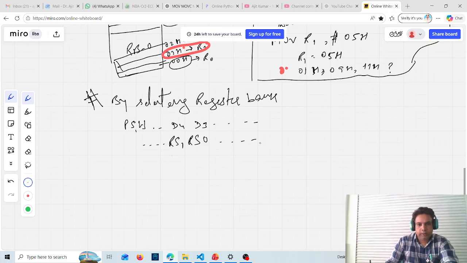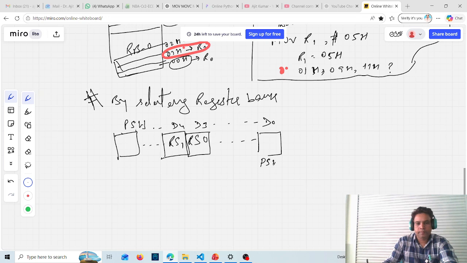Also, the last bit, we also designate them something like this. This one I'll designate by PSW.0. The next bit will be designated by PSW.1. Similarly, this D3 will be designated by PSW.3, and this will be designated by PSW.4.